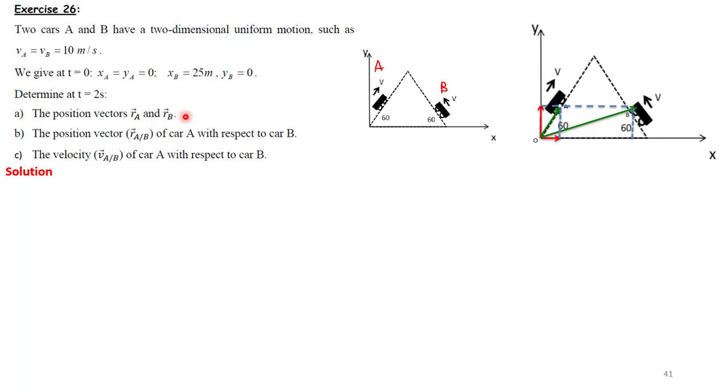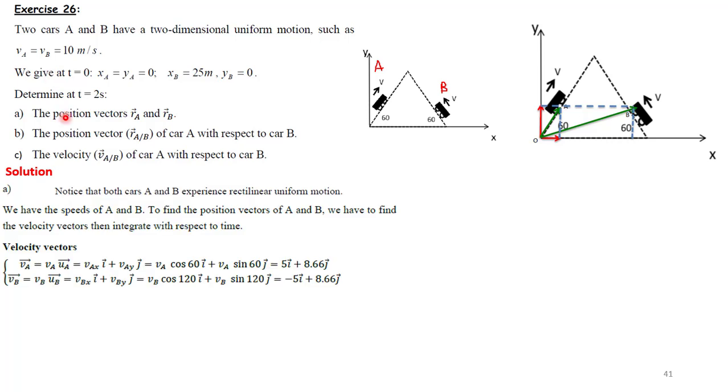So how do we find the position vectors based on the velocity vector? We know the velocity vector for A and for B, so we can deduce RA and RB. We can start by breaking down the velocity vectors into the I component and the J component.